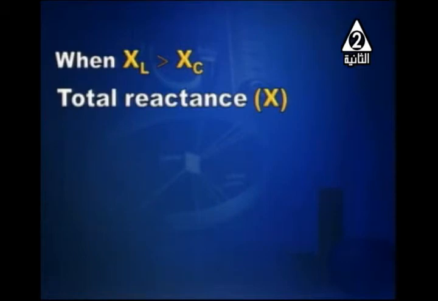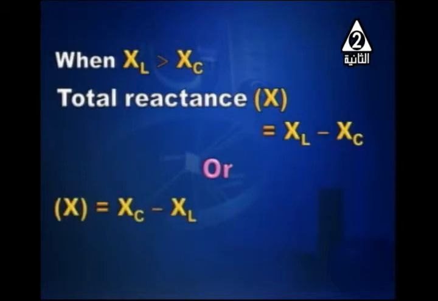And also talking about the reactances, when XL is greater than XC, total reactance X is given by XL minus XC. Or total reactance will be XC minus XL, and this happens when XC is greater than XL.